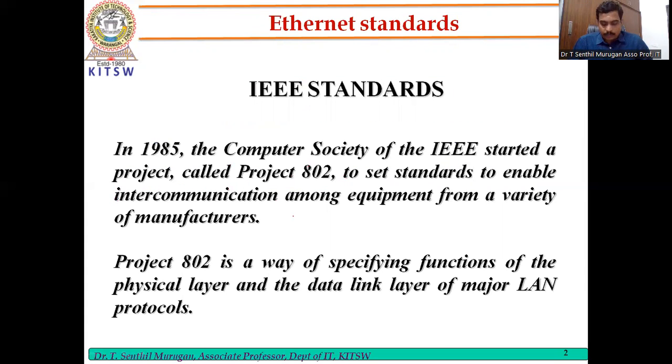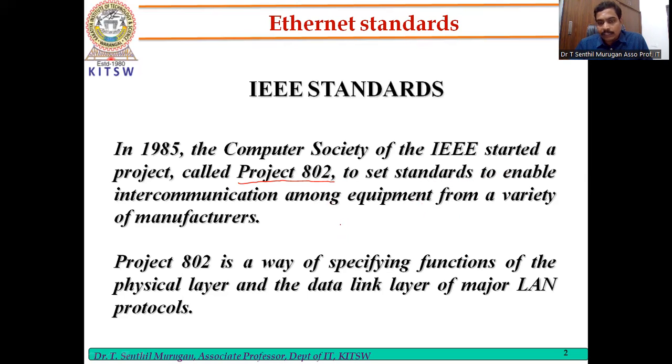IEEE standards. In 1985, the Computer Society of IEEE started a project called Project 802. At the world level, the IEEE, the Institute of Electrical and Electronics Engineers, under the IEEE Computer Society, set standards to enable intercommunication among equipment from a variety of manufacturers.